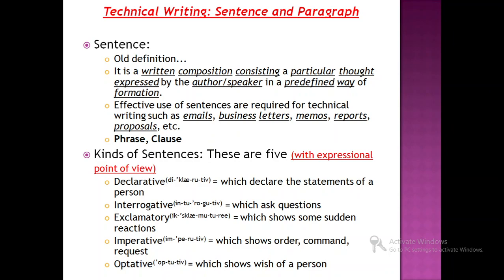Sentence को फॉर्म करने के कुछ रूल्स होते हैं, we are supposed to follow, we are supposed to be very much strict with all those rules.